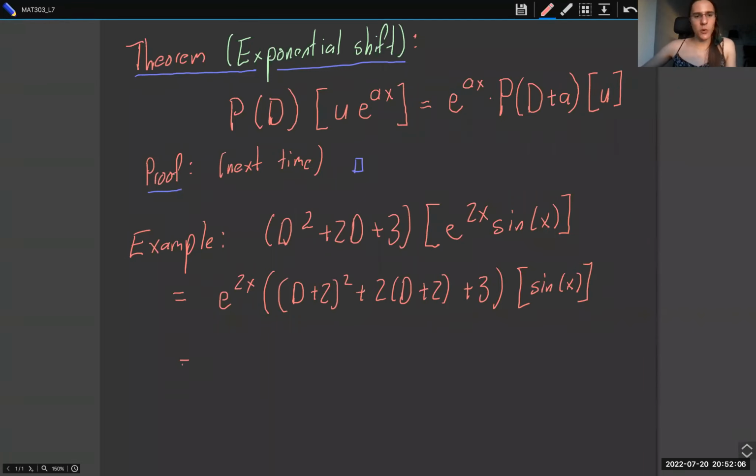And so what that's equal to is e to the 2x times D squared. Then let's see what the term is. It's going to be 4D here and then 2D, so plus 6D. Then what do we get here? We have a 4. We have another 4, so that's 8. Plus 3, so that gives us 11.